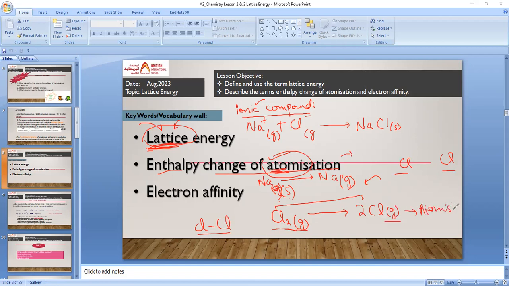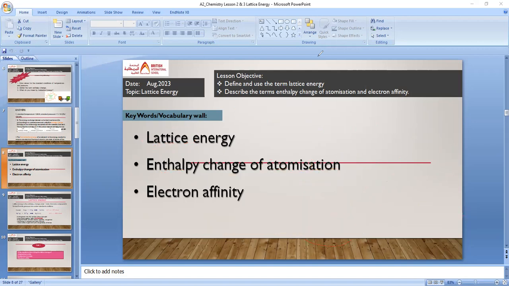There will be some reactions in which we already have chlorine in gaseous form, and then we convert it into atomic form, and the state is gaseous again. That's why you should remember there is another possibility. If you convert it into atomic form, this is also atomization. Obviously, for solid to gas or liquid to gas, the enthalpy of reaction would be the enthalpy of atomization. Now can you explain electron affinity?